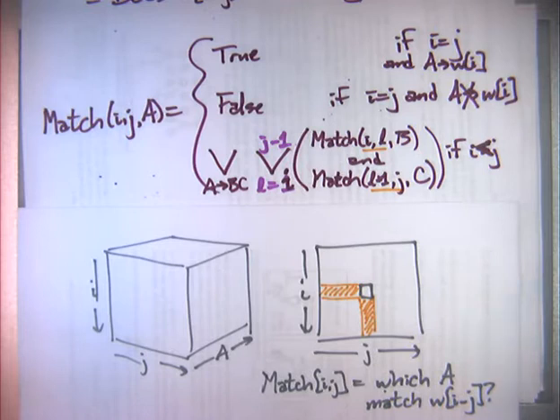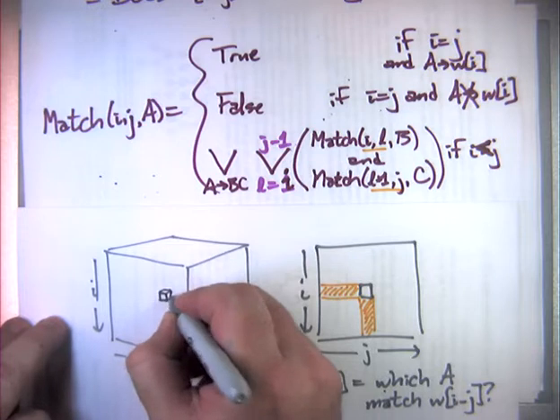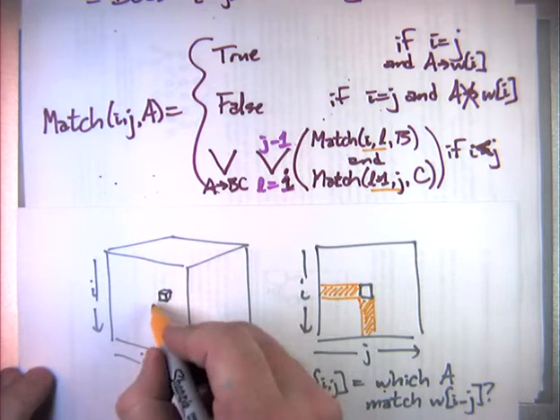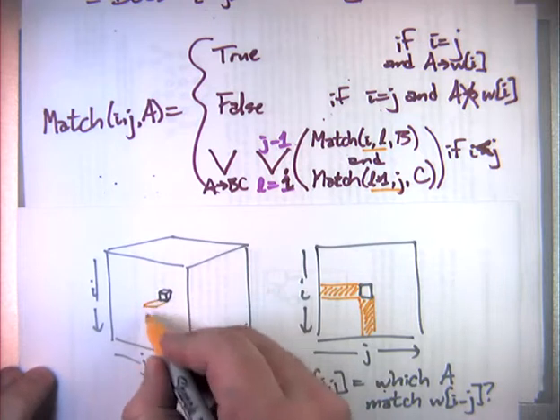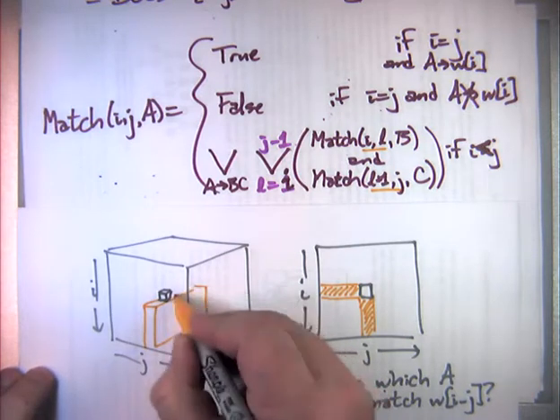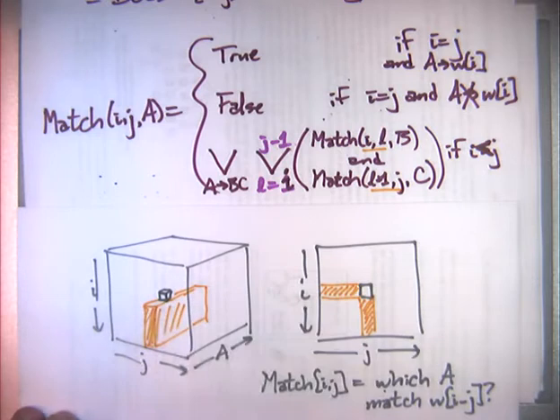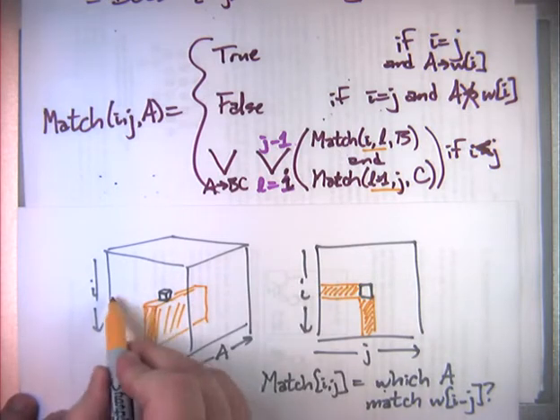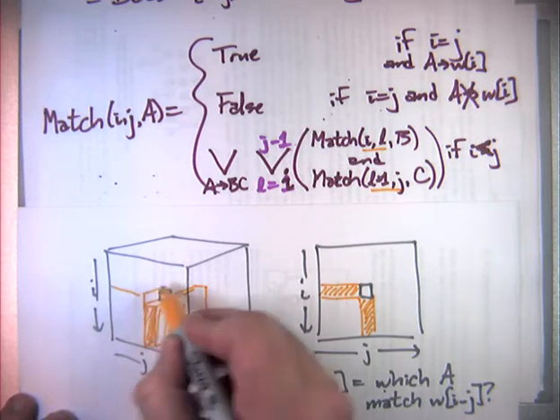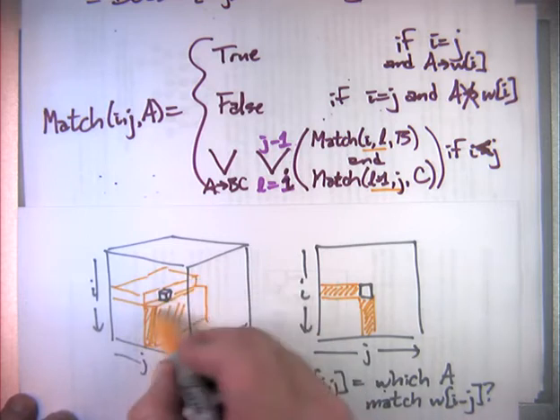So when I'm deep in the bowels of this thing, I don't know which symbols A I need, but I know the things I need are either going to be directly below, or they're going to be further to the right.